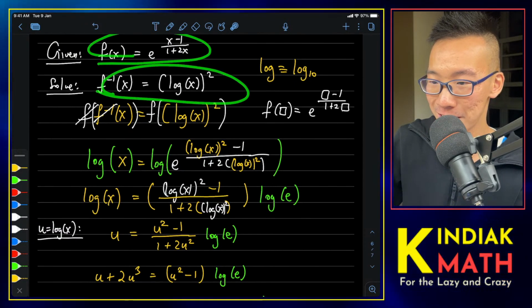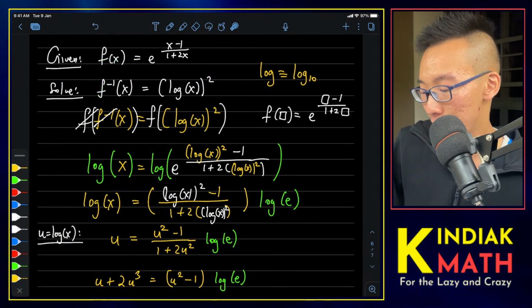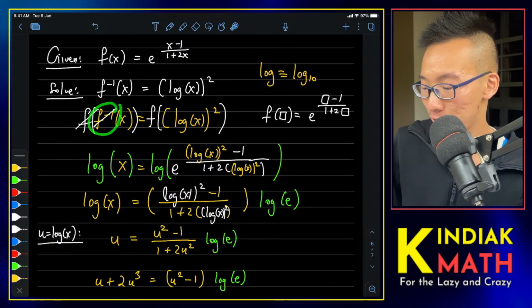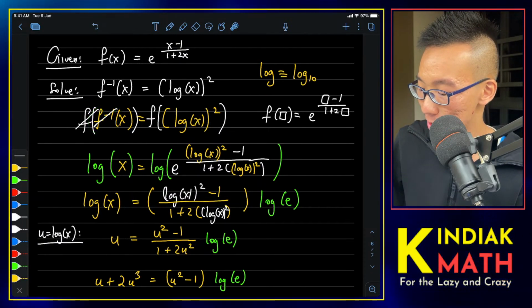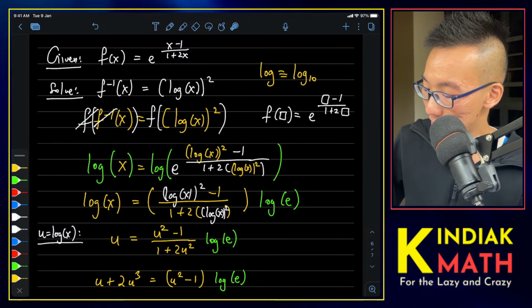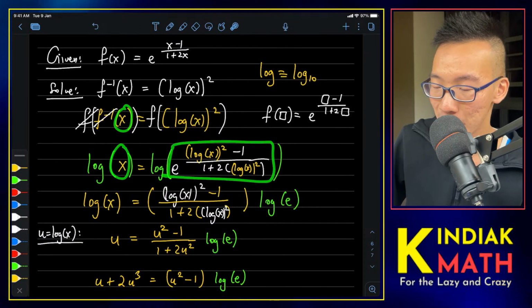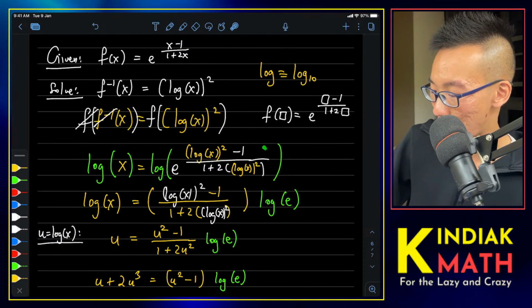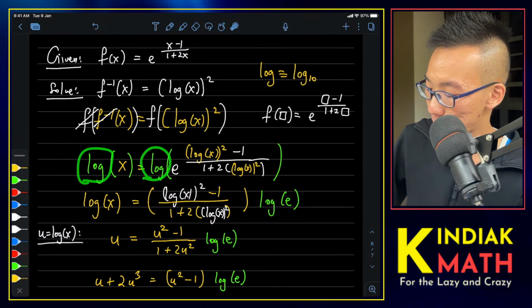We started with two very nasty expressions. We observe that the inverse of a function and the original function will cancel each other out. So that's nice, but that gives us x and a bunch of other things here. The key trick is to bring all of this out by taking logarithms.